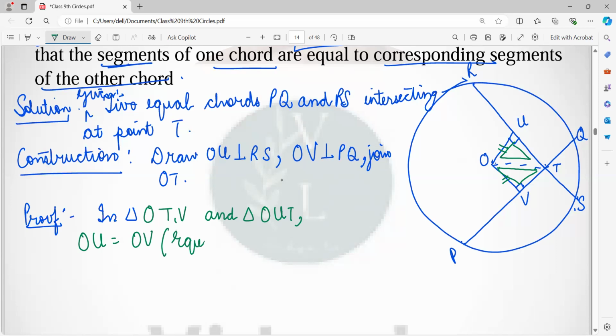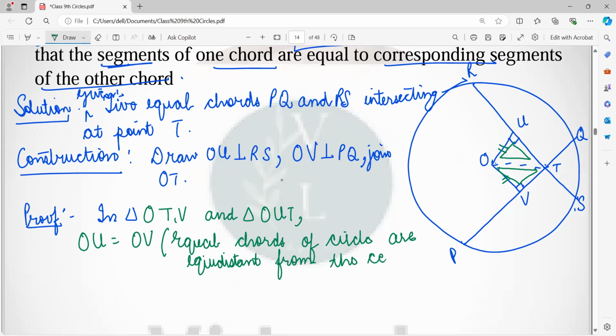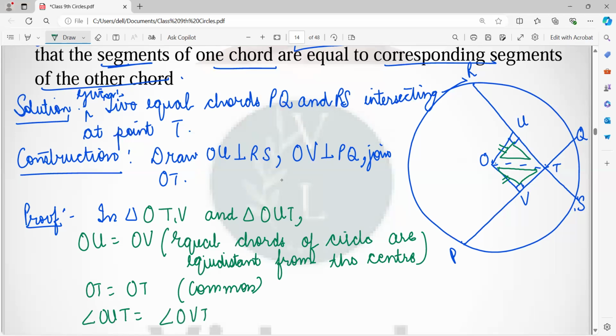So we'll write a reason here: equal chords of a circle are equidistant from the center. Next we have OT is equal to OT because it is common in both the triangles. And third, we have angle OUT is equal to angle OVT, each 90 degrees, right?